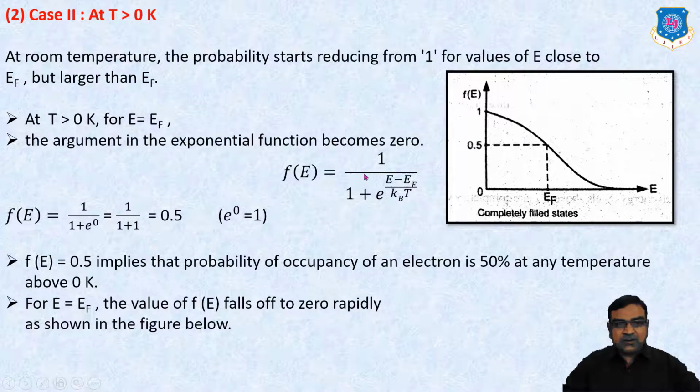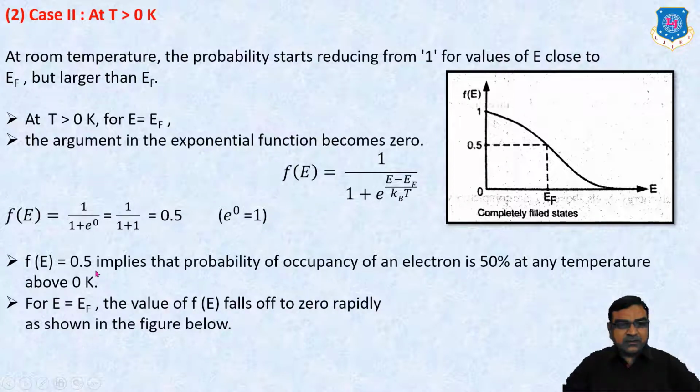So the function f(E) is equal to 1 by 1 plus e raised to (E minus EF). When you put E equal to EF, this value becomes 0. So 1 by 1 plus e raised to 0 is equal to 1 by 1 plus 1, and that is 1 half, or 0.5, where e raised to 0 is equal to 1.